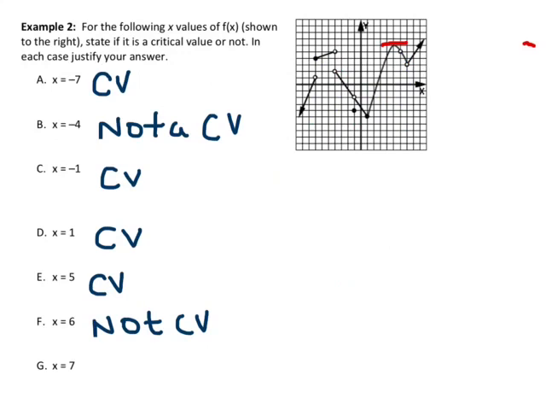And let's look at our last point that we need to check, at 7. Here is 7. Well, it's not defined. And of course, we do see a cusp, but again, the function is not defined at this point. Therefore, for 7, it is also not a critical value.